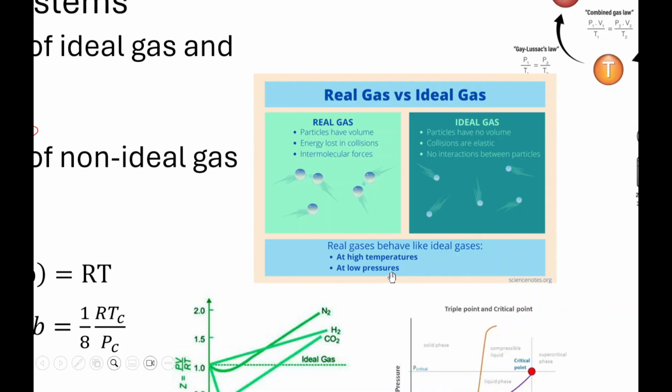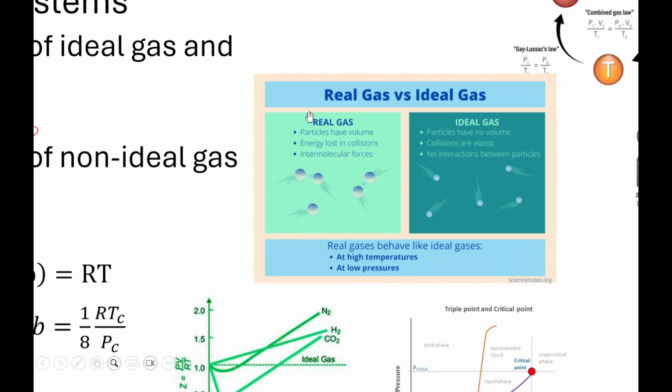So we can basically neglect the intermolecular forces. And at high temperatures, there is a high kinetic energy imparted to the molecules. So we can say that the intermolecular forces because of that may also be suppressed.